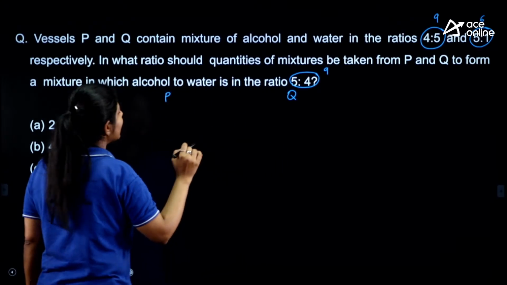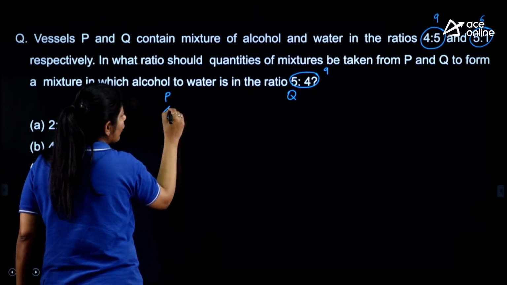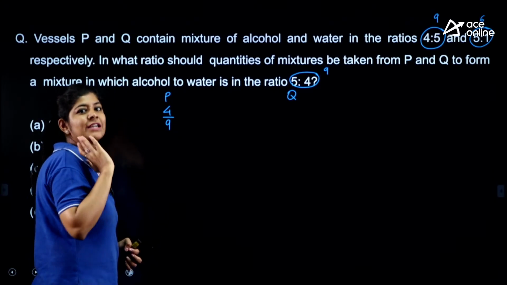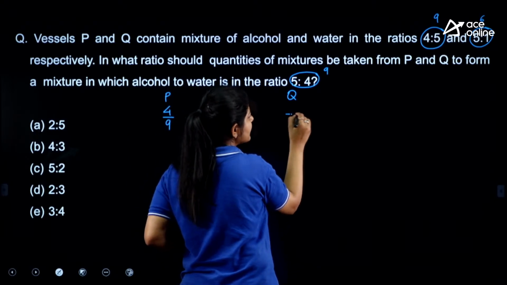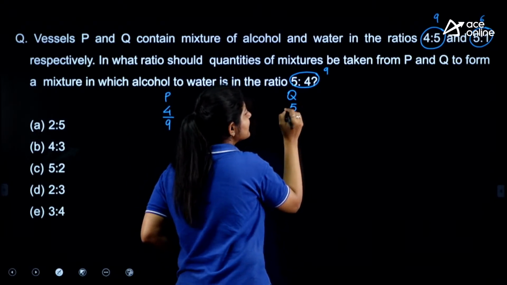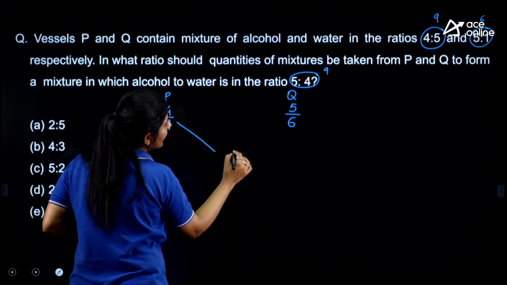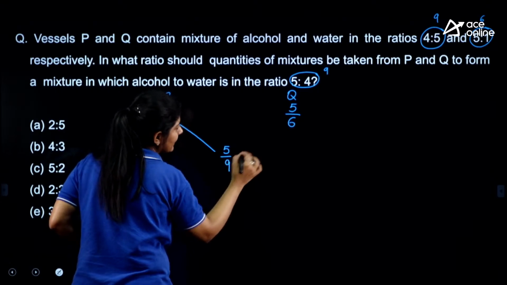Out of 9, 4 parts belong to alcohol. Similarly in this one, out of 6, 5 parts belong to alcohol, and in the mixture we are having 5 parts of alcohol out of the 9, right?